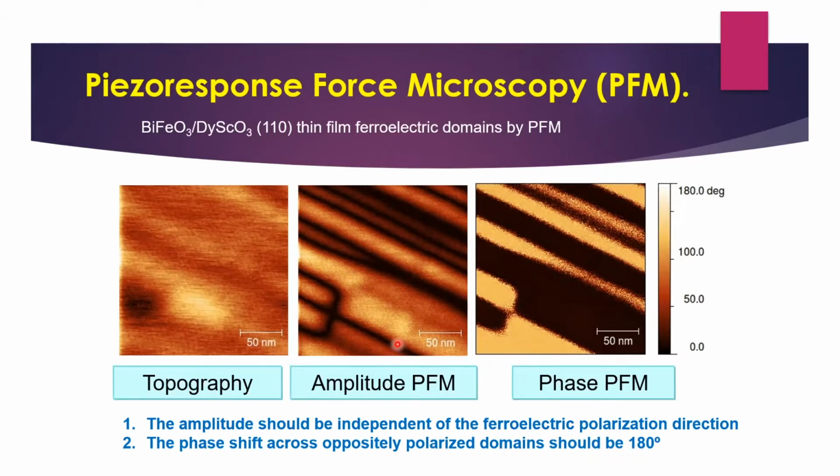So the amplitude needs to show the domain walls, and the phase image is going to show the domain distribution in our sample.